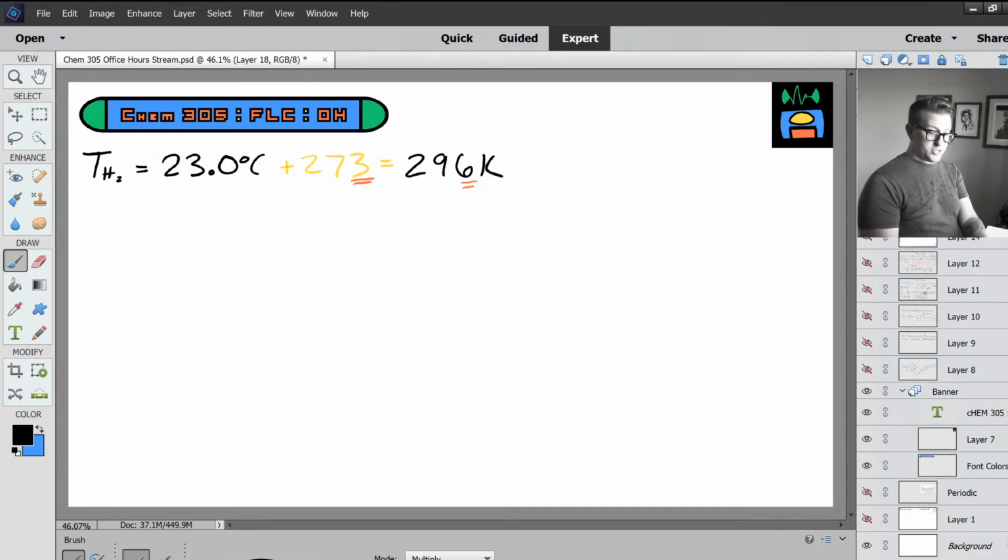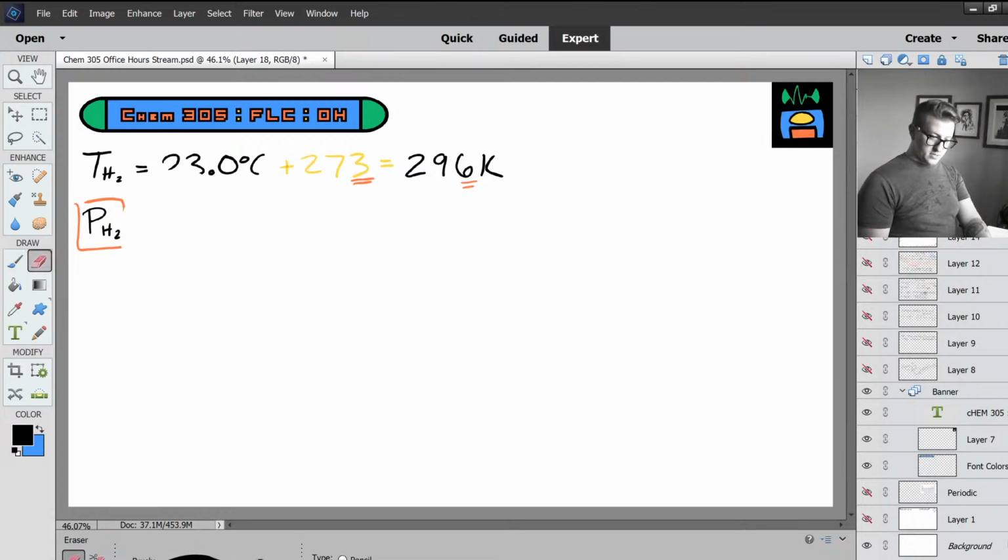Now we need our pressure, which will take a little more work. We're told to find the pressure of H2, we're told the atmospheric pressure. Whoa.